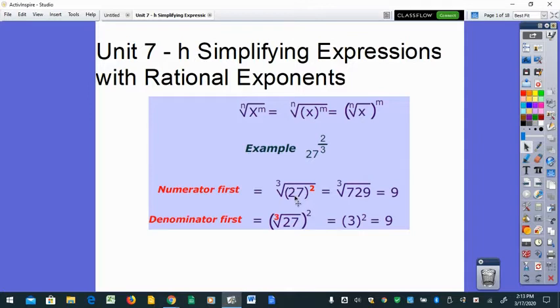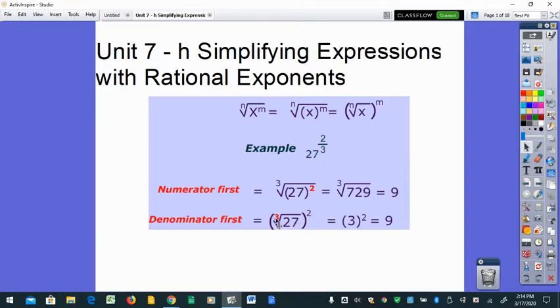underneath the radical symbol. We also talked about that you have sort of a choice. You can either take that squared exponent first and then the cube root, or the other way around. And we talked about that it's a lot easier to take the root to make something smaller before you make it larger.